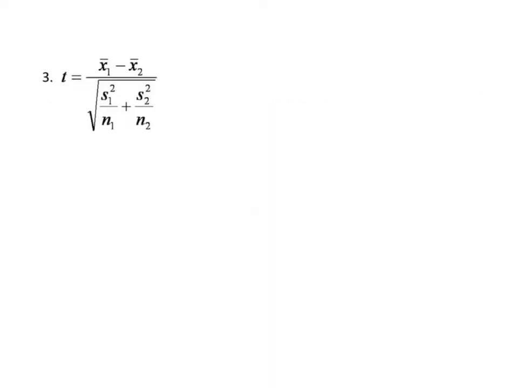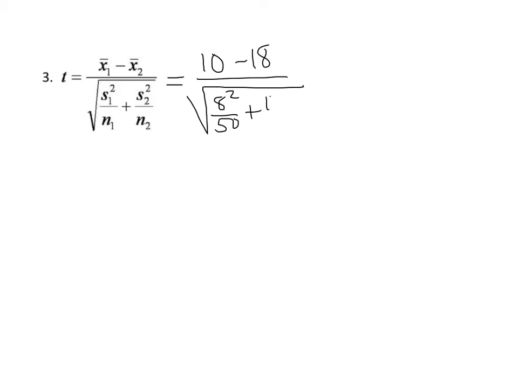Now is the easy part, time to just plug some numbers in and generate a value. I'm going to go ahead and throw in my x bar 1 minus x bar 2 number, which was 10 minus 18, all over the square root of 8 squared over 50 plus 12 squared over 50.